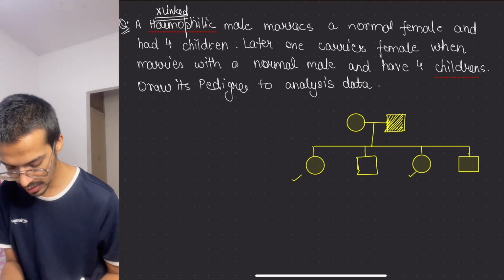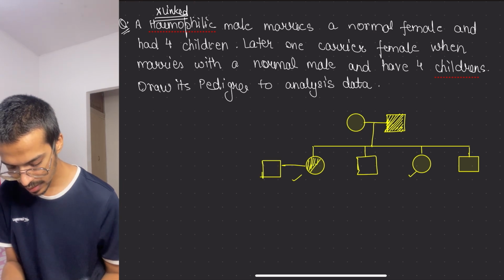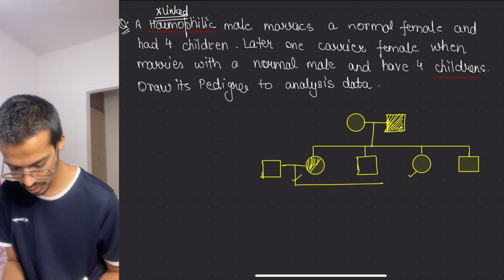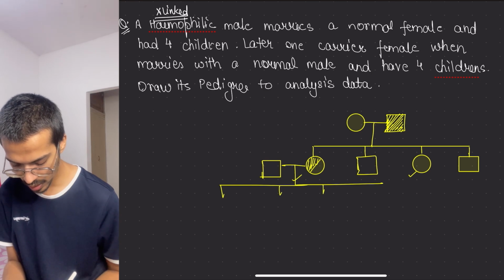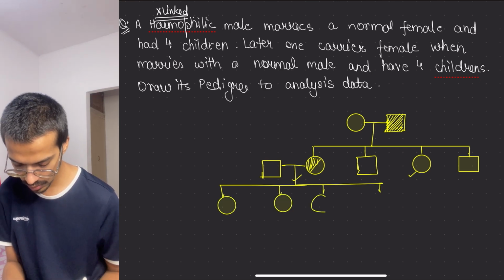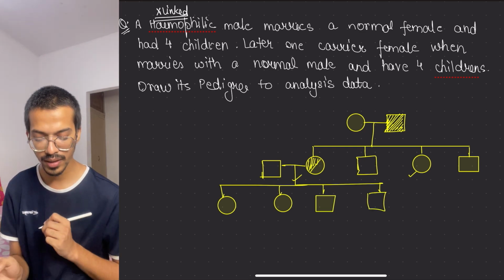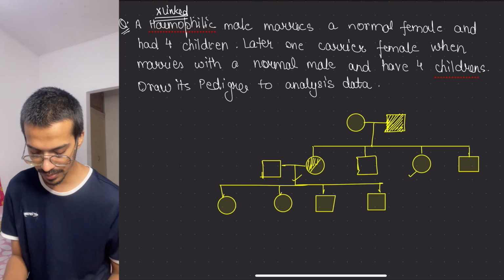Okay, so just think that a carrier female is there and she will marry a normal male, and has 4 children. 1, 2, 3, 4.